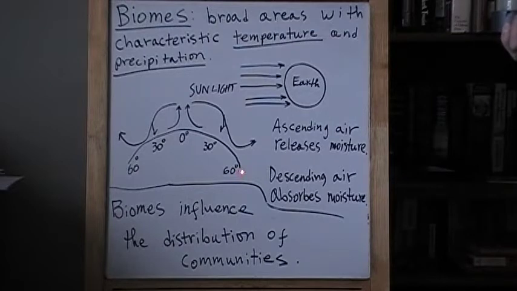Also not shown here, but at the poles, the air is falling again, and it's very dry at the poles because of that. So the biomes influence the distribution of the communities because they have these different patterns of temperature and precipitation.